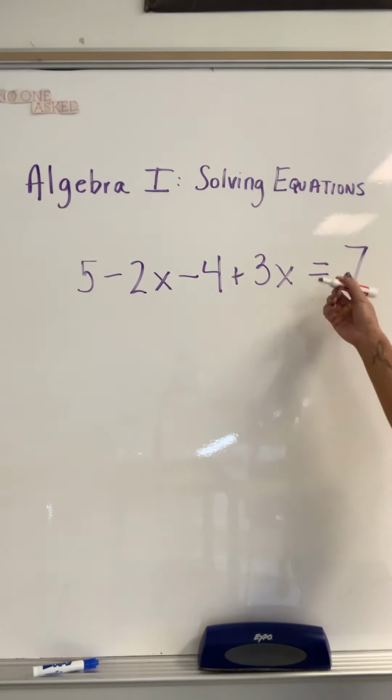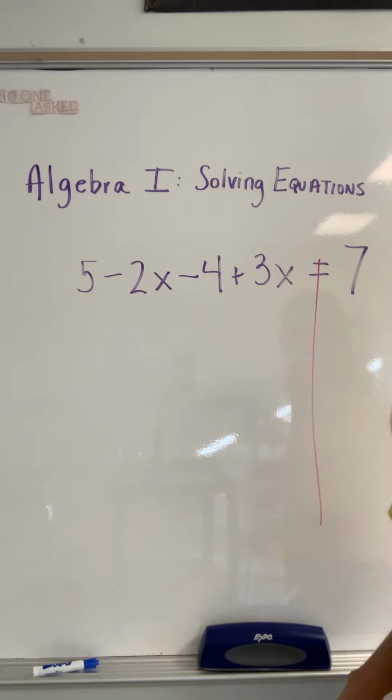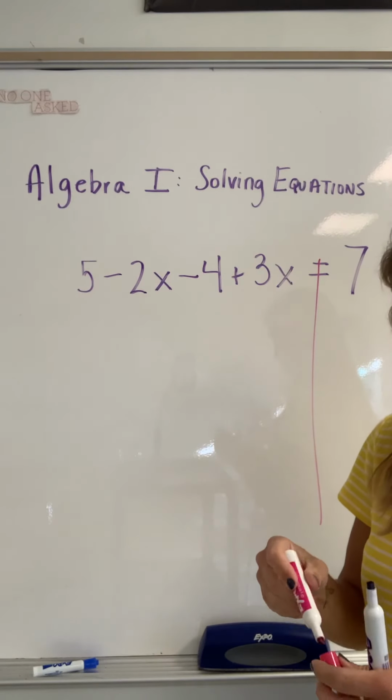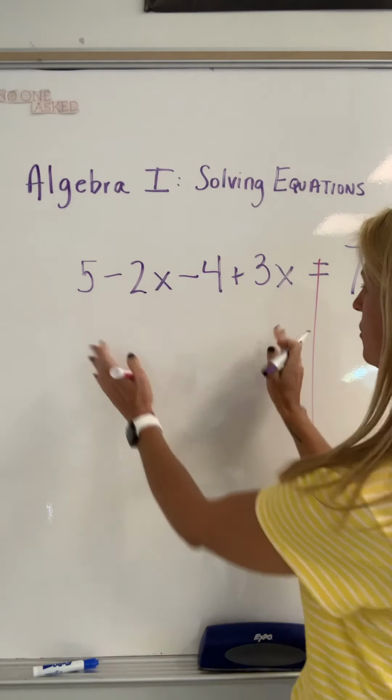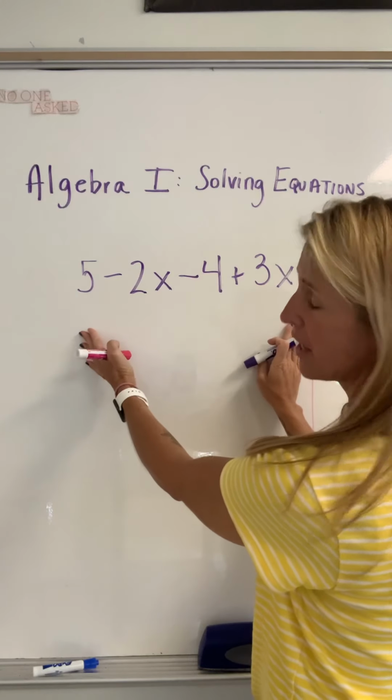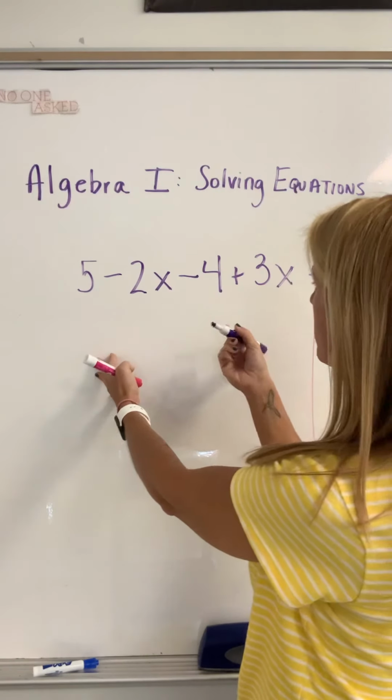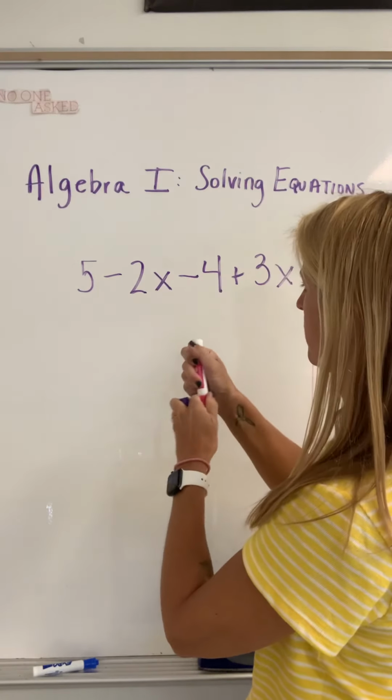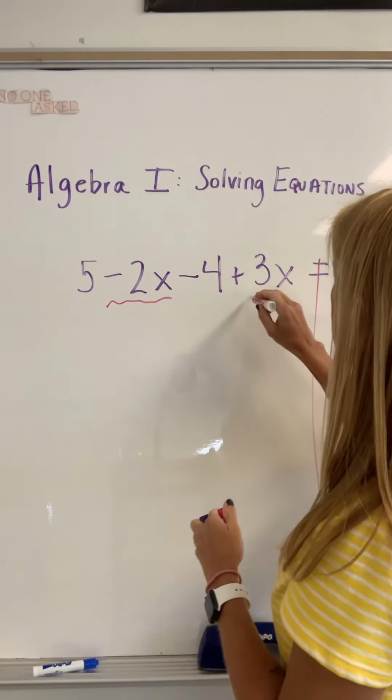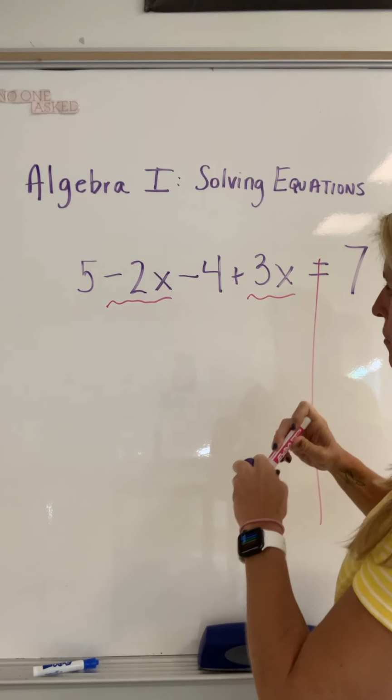My equal sign splits the problem into 2 parts. So go to the left and see, is there stuff that I can put together? Are there like terms that I can combine? So yeah, I've got a minus 2x and a plus 3x. I want to put those together.